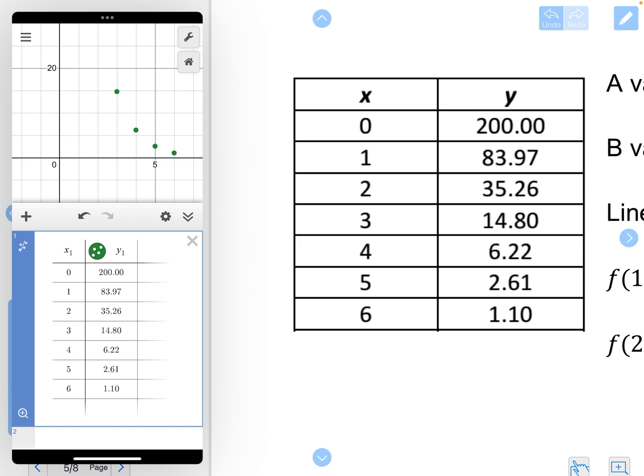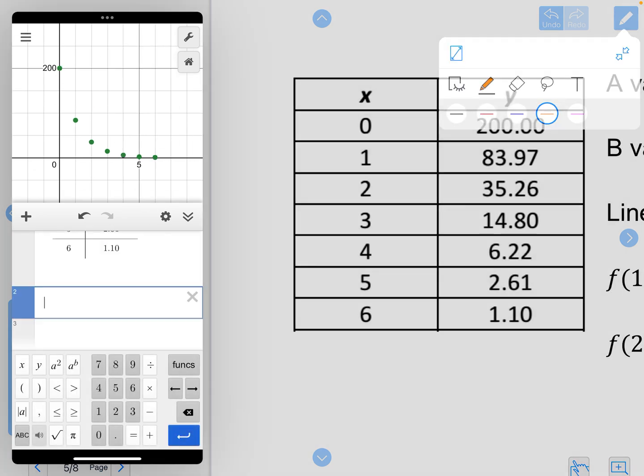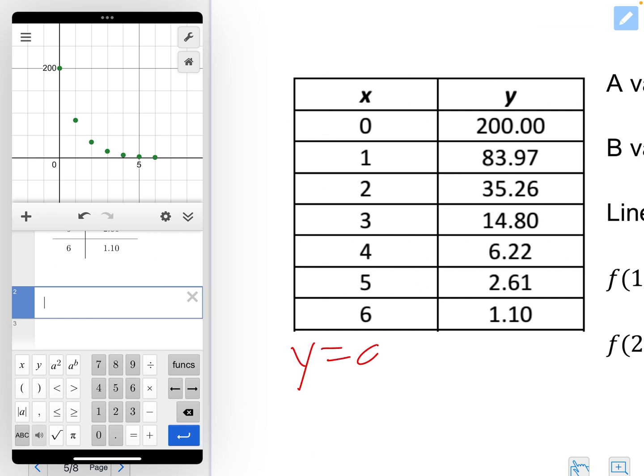I'm going to zoom in so it's easier to see my data and I can see all of my points. And then again, we start with the equation y equals a times b to the x.